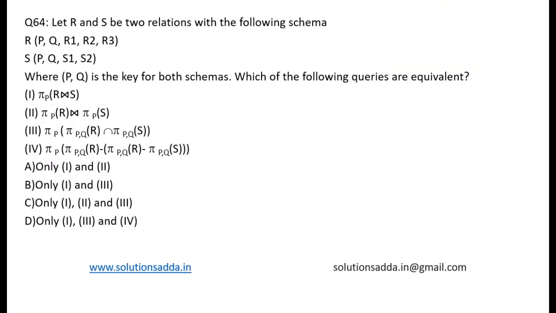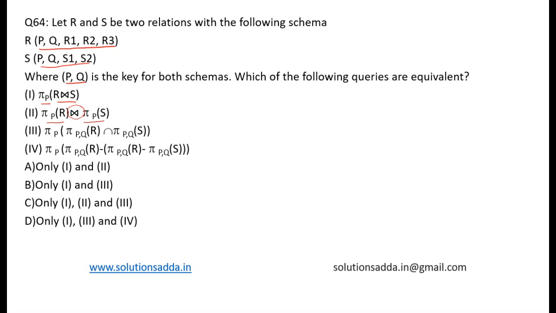This is a question from databases. Let R and S be two relations with the following schema. R has P, Q, R1, R2, R3. S has P, Q, S1, S2. Here P and Q are the key for both the schemas. Which of the following queries are equivalent? First one is R natural join S followed by projection of P. Second one is projection of P from R and projection of P from S followed by a natural join.